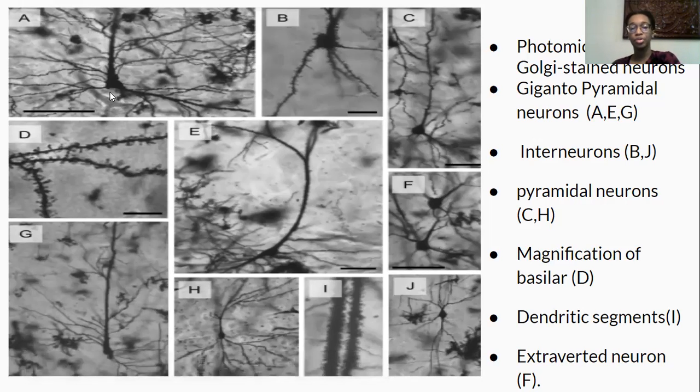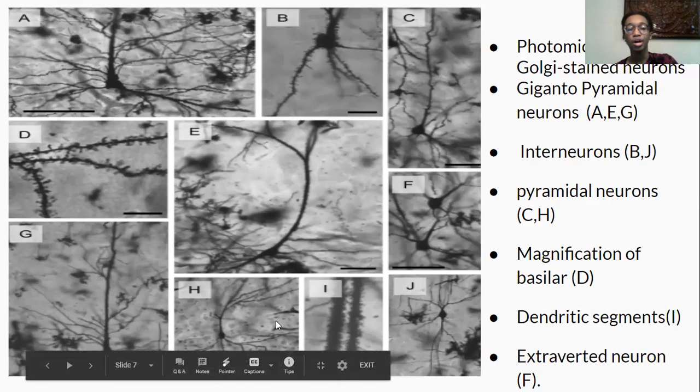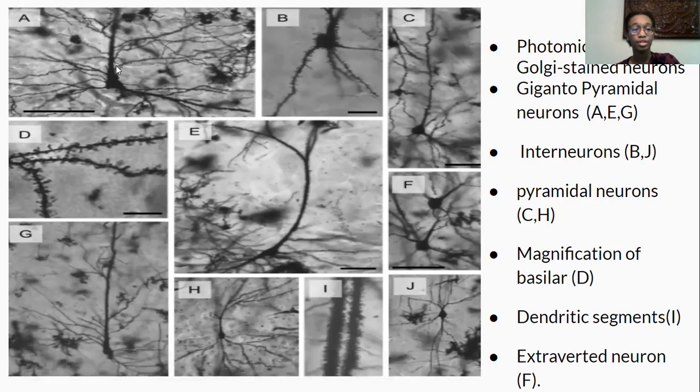This picture is showing the newborn giraffe's motor cortex, and this is where all these different neurons are. The pyramidal neurons, which are C and H, as well as the dendrite segments, which are over here, are very dark. And these areas where you see the darkest parts is where the dendrite activity was seen to be the most.